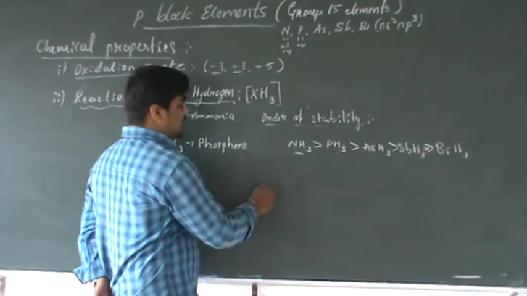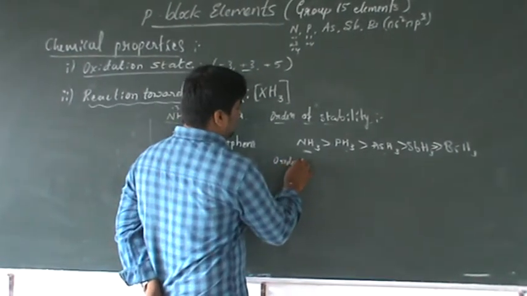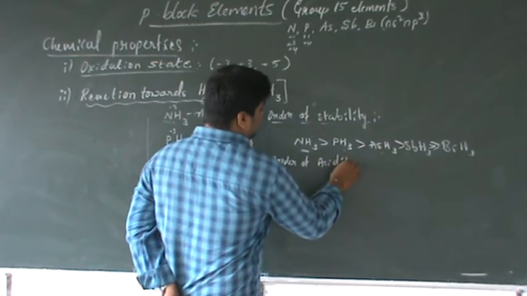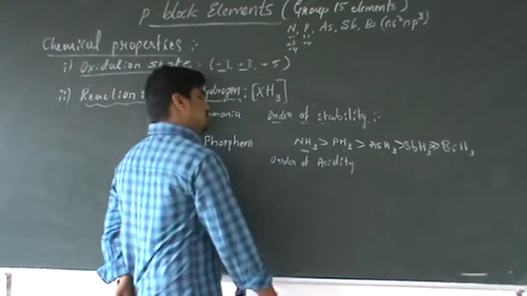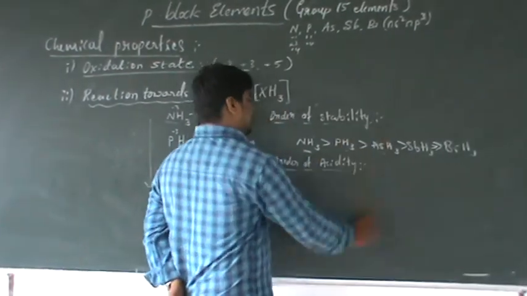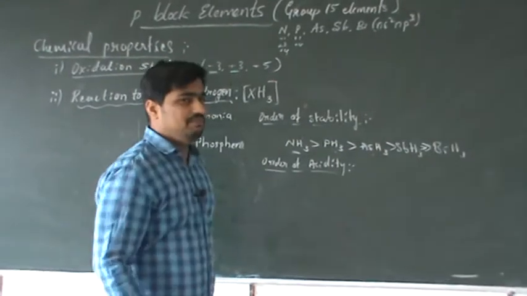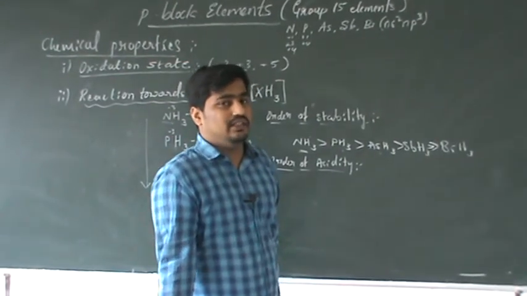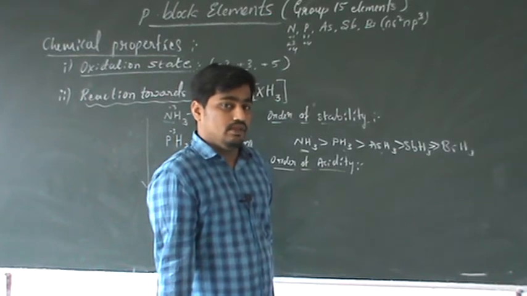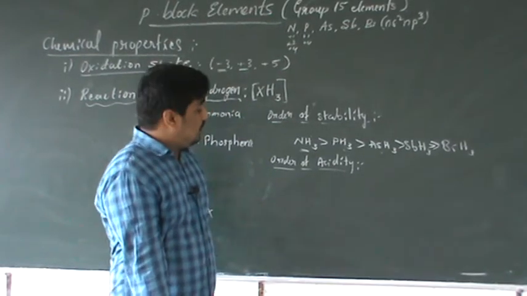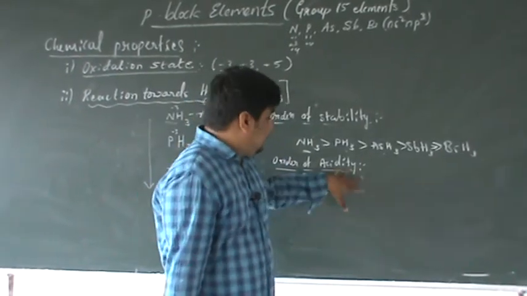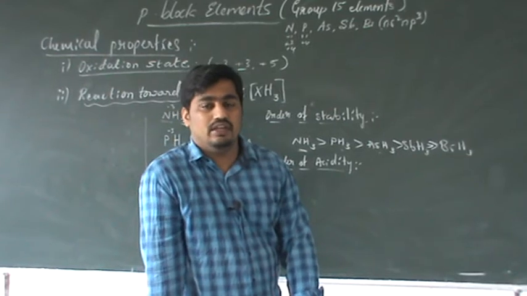Next, what happens with acidity? Order of acidity or basicity of these compounds. Basicity is completely opposite to acidity. What do you mean by acidity? Can you explain the acidic nature of a compound? In your first year, you learned acidity and basicity under the equilibrium topic.